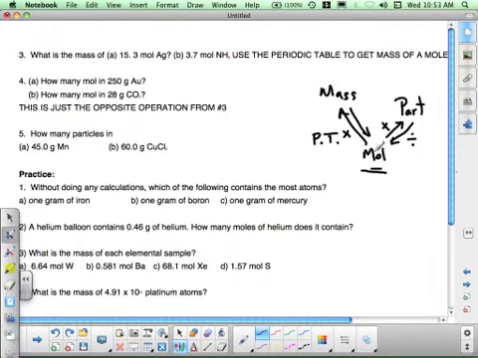All right. So 15.3 times, find silver, 107.87. So 15.3 moles times 107.87 grams per mole. All right, and that's going to give you the mass of that quantity of silver.